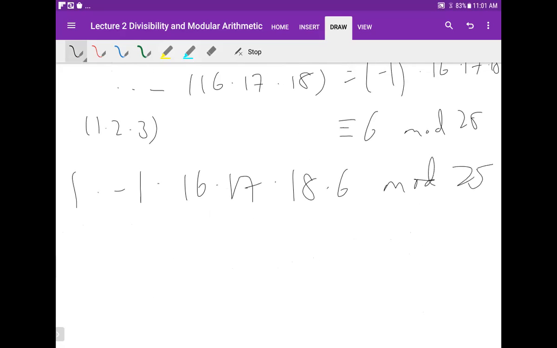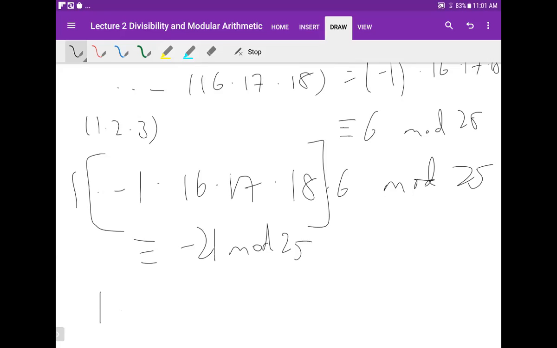And now this is much more manageable compared to before, right? So this middle expression here turns out to be equivalent to -21 mod 25. And I'll skip the calculation, but you can check this yourself just by multiplying and finding the remainder. And then the other one, 1 times 2 times 3, evaluates to 6, right?